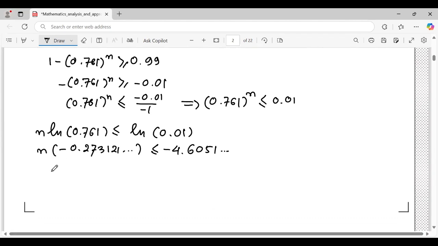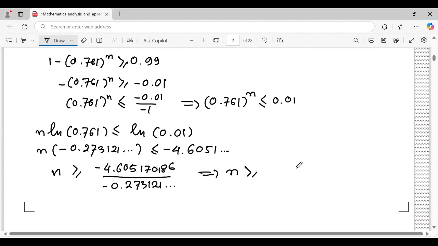So it means n. We need to change the direction because this is minus. It's minus 4.60517018 divided by minus 0.273121, and n is greater than or equal to 16.861250.